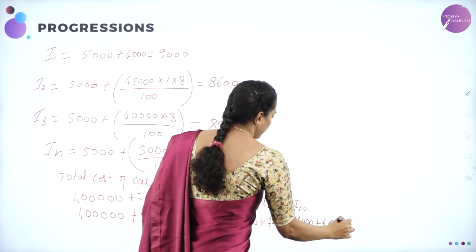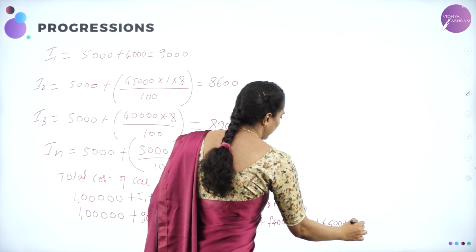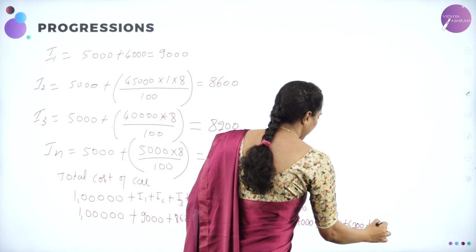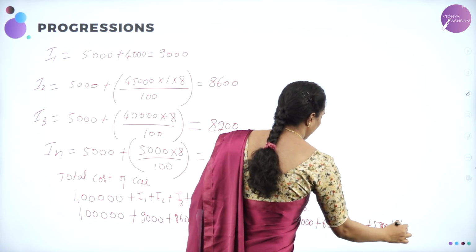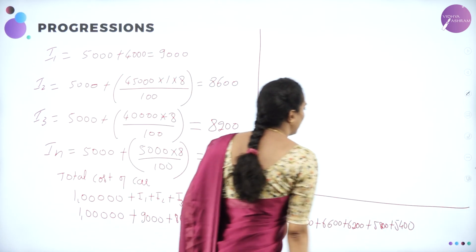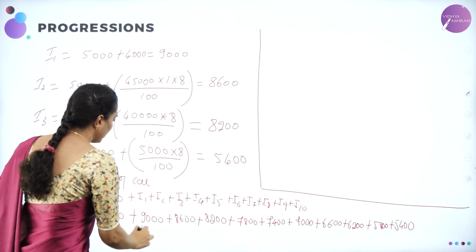plus 6,600 plus 6,200 plus 5,800 plus 5,400. Now you already know, dear students, this is the total amount. Now these are in AP.